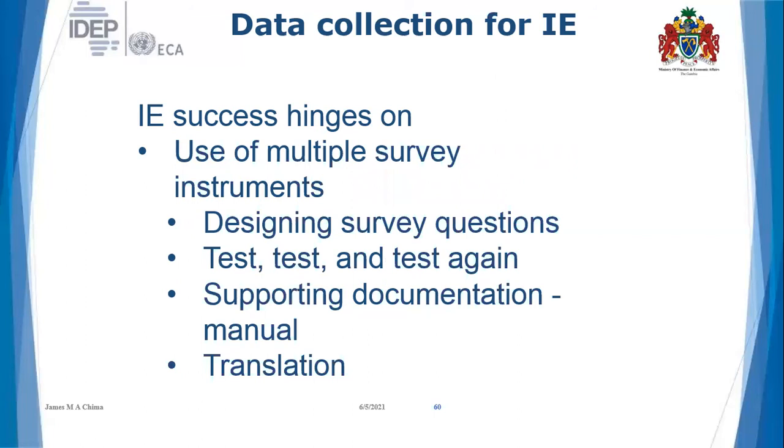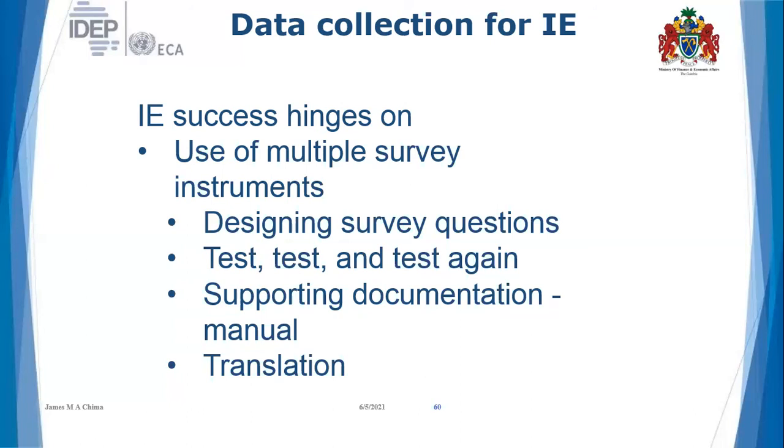In terms of the survey, we need to use multiple instruments. When we're talking about the principles, we did underscore the fact that we need to be looking at multiple data sources. If we have multiple data sources, then there will be different instruments for each one of the sources that we have identified.